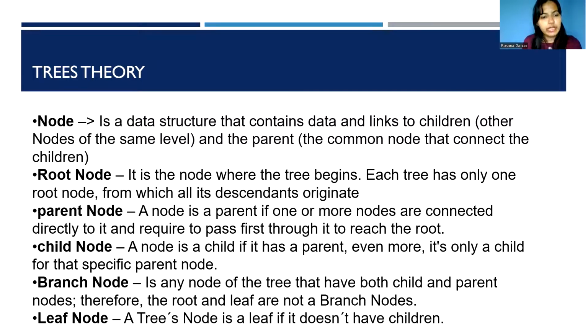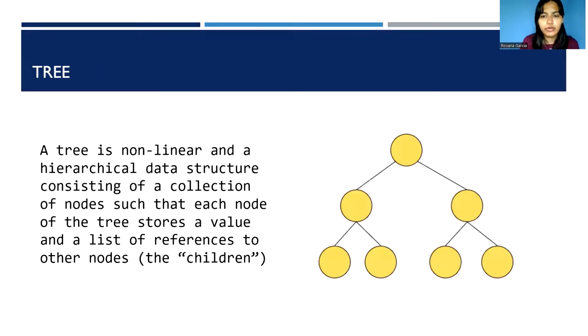The terms leaf and branch are used to represent, first, the leaves: the nodes that have no children. If you see in the example I showed you before, you can see that the last 4 nodes have no connection with others besides the parent.